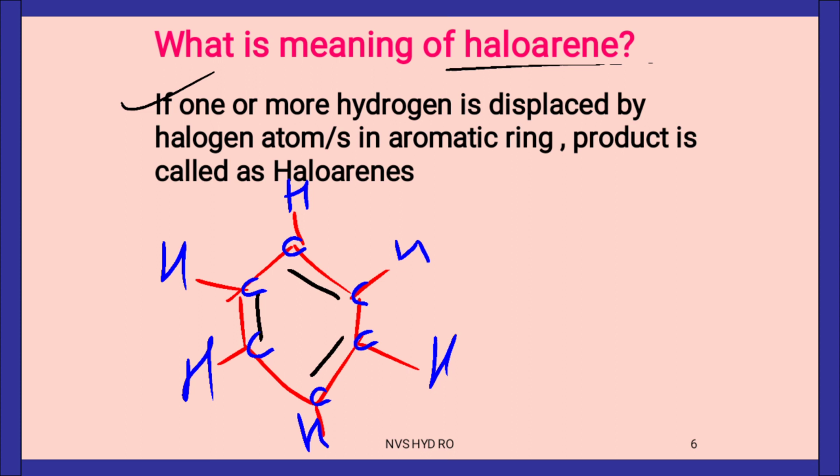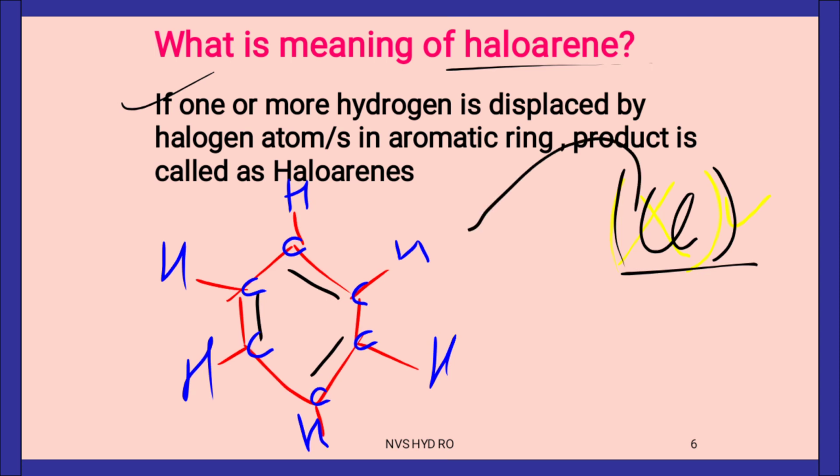Now what I'm doing, I'm just taking X to mean any halogen group. I'm bringing any halogen group to it. Let's suppose I'm bringing chlorine and just removing this hydrogen and placing this chlorine here.